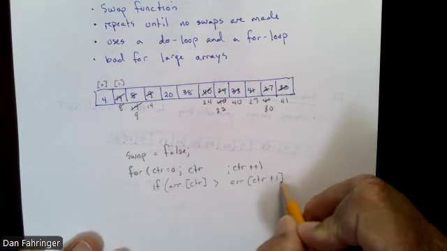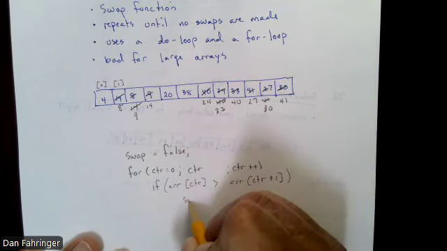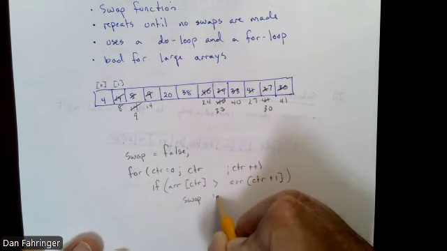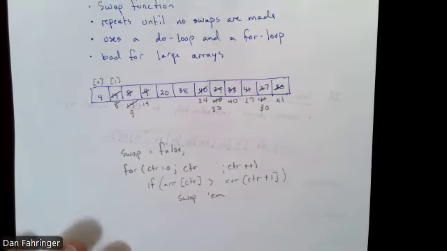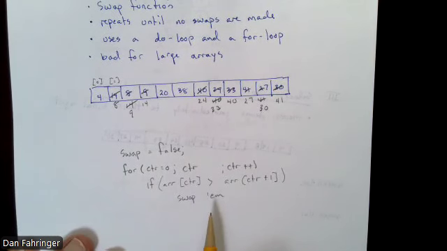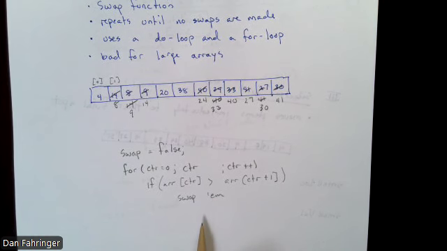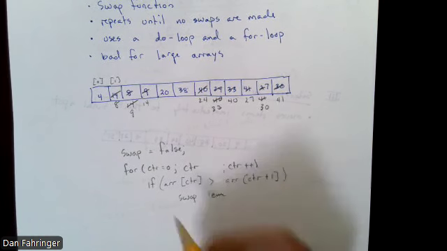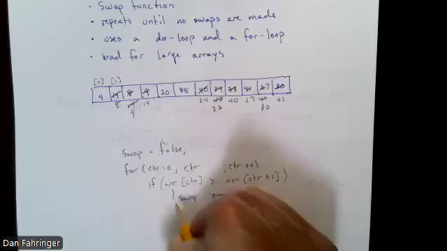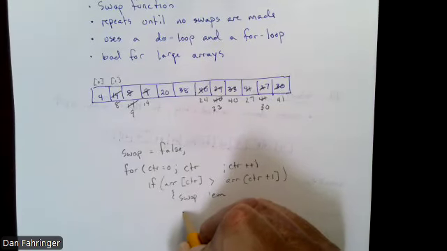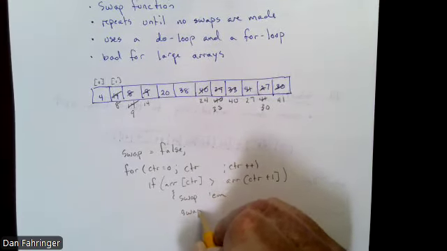Then I swap them. You have the code for that in your program; don't type "swap them." This is pseudocode. So if I do that, what else do I need to do? Set swap to true. So inside of here, I'm going to need swap equals true.